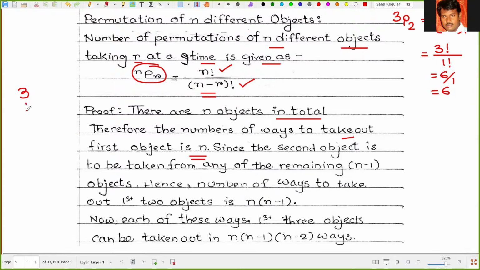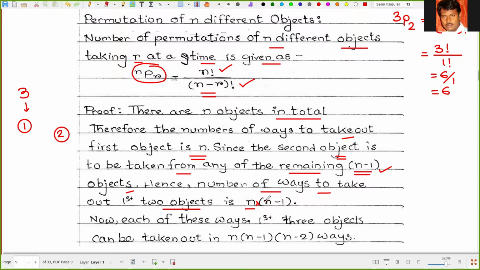When we have picked one object, the remaining objects are n minus 1. Since the second object is to be taken out from any of the remaining, that is n minus 1. Hence, the number of ways to take out the first two objects is n into (n minus 1). That means the multiplication principle.